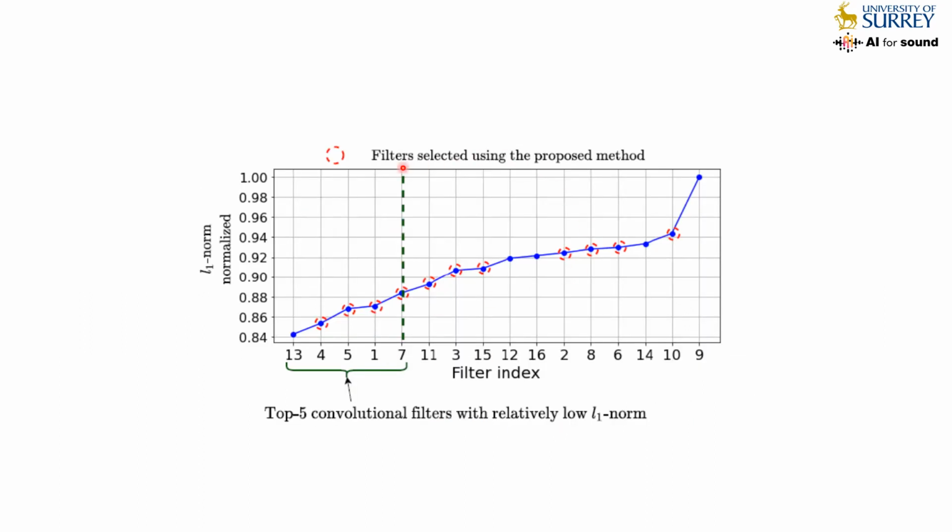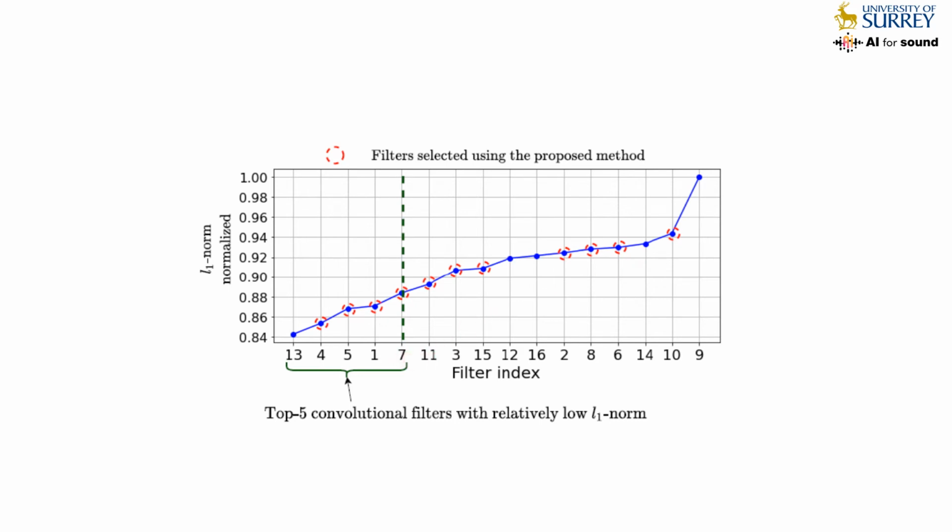Now, to show the filters which are selected in the proposed method, we plotted the L1 norm of the filters versus the filter index, and we find that the filters selected in the proposed method also have the smaller norm, and the proposed method also ignored the high norm filters, because they carry similarity with other filters.